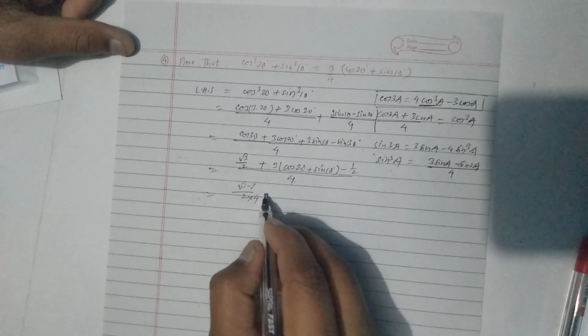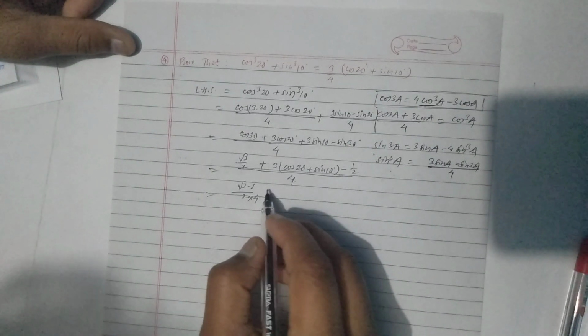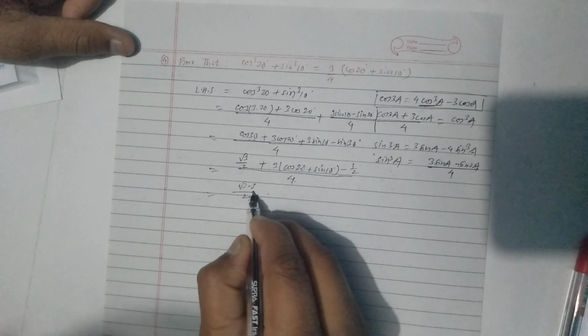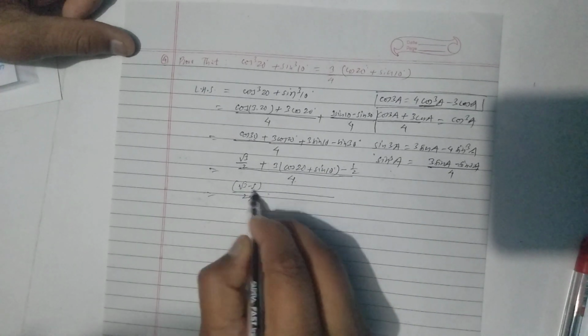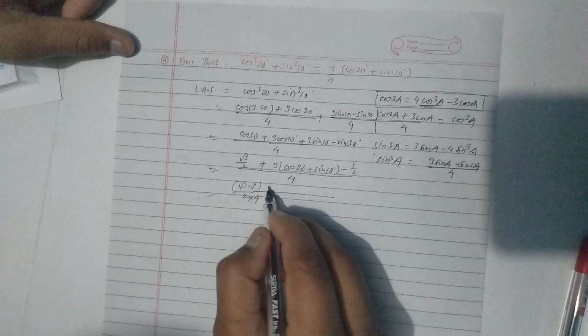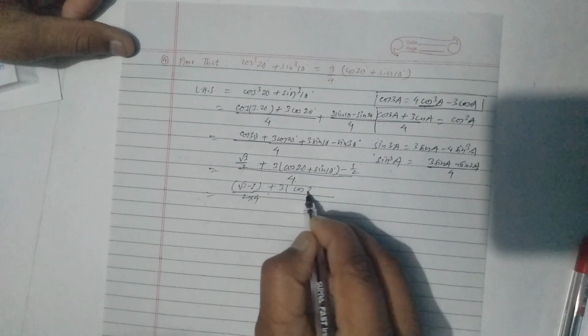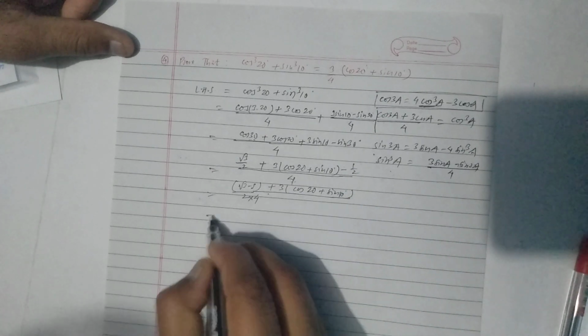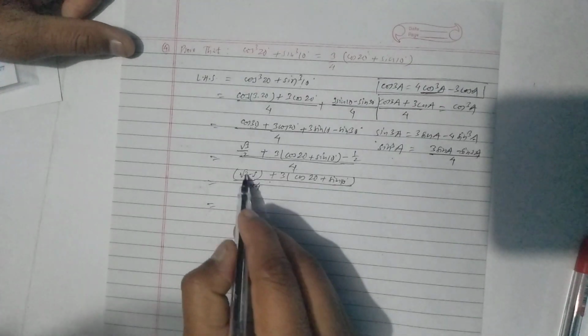And the remaining, you can see here, is 3 (cos 20 plus sin 10). Now let's separate these 2 terms.